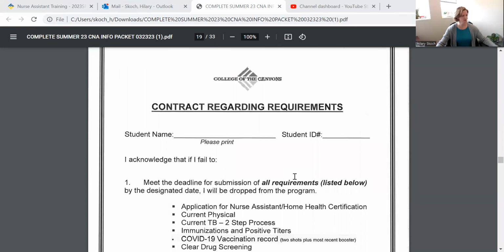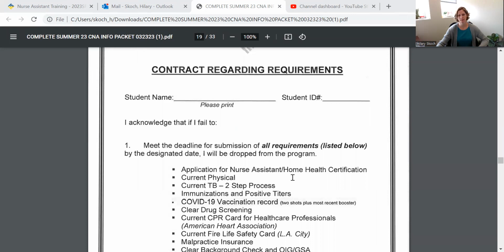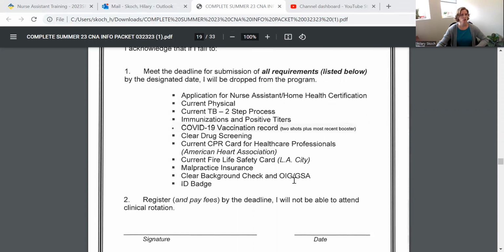Okay, this next page is all of the supporting documents that you will need to turn into the office. Again, it's similar to that first page where it was a checklist. This is also a checklist, but you will turn this into the office, stating that you've read this packet and that you are going to be able to do all the requirements listed below.